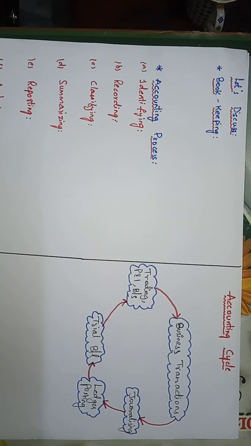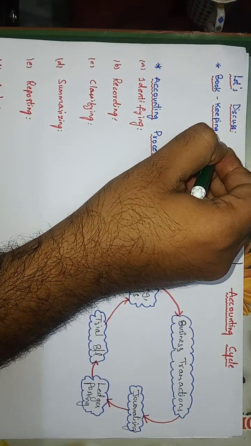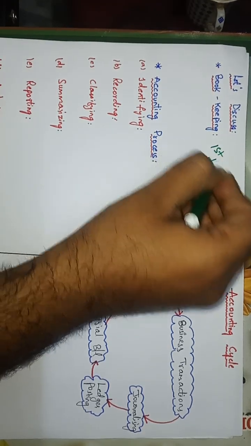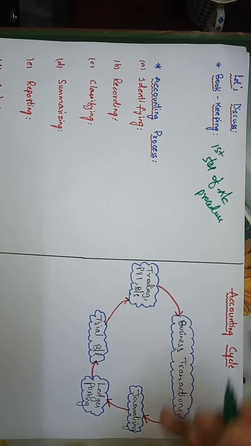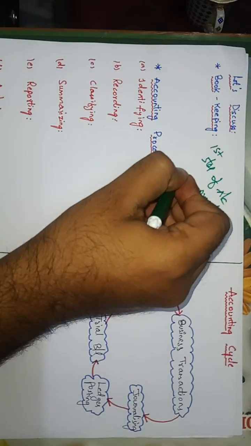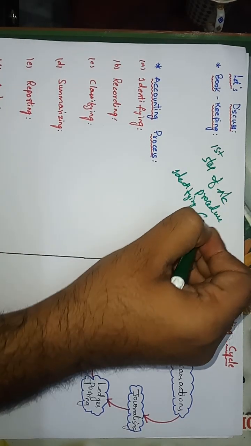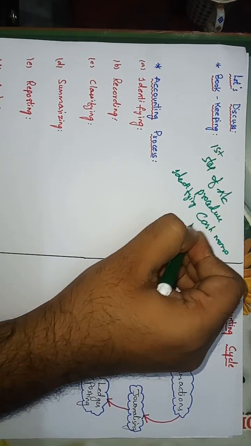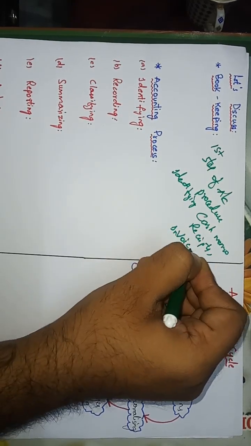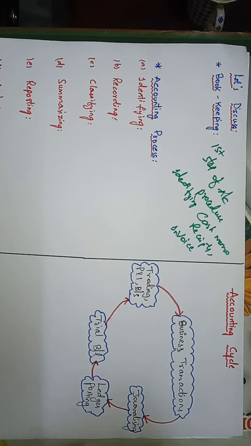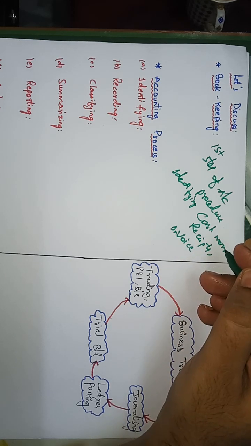So let's discuss our next slide, that is bookkeeping. What is bookkeeping? Bookkeeping is the first step of the accounting procedure. Basically, bookkeeping means identifying the transactions from various sources such as cash memos, receipts, and invoices. These act as evidence for the happening of a transaction or event.